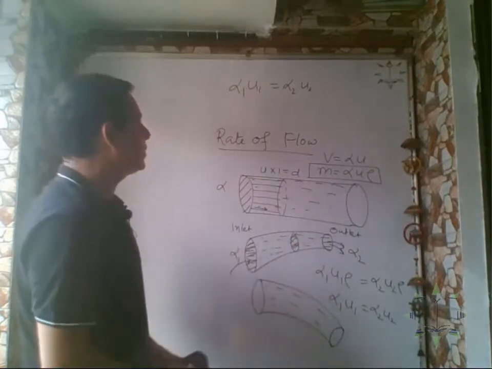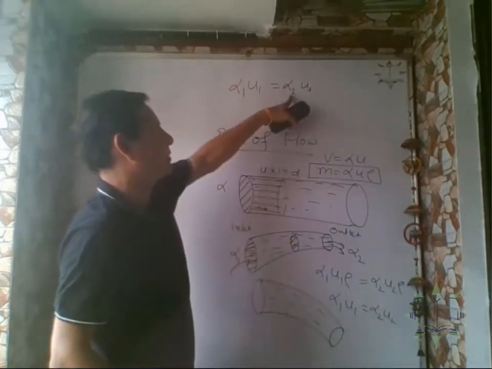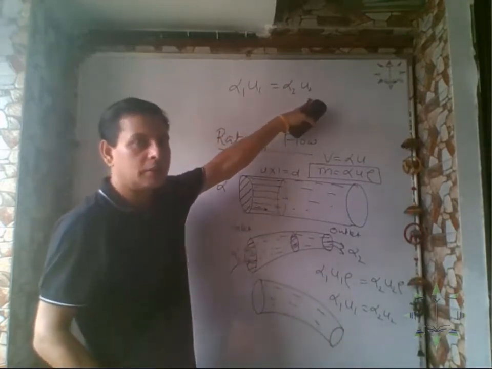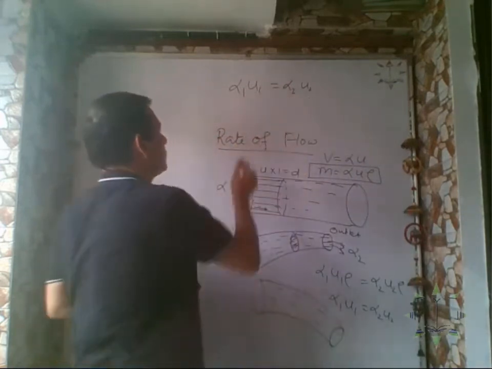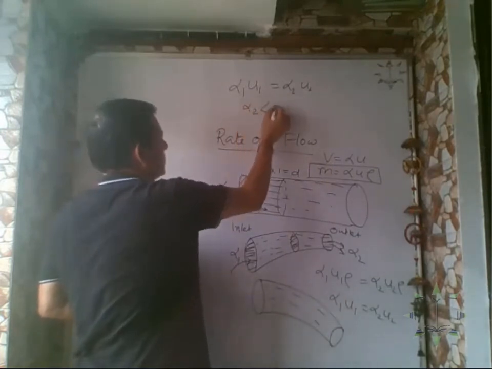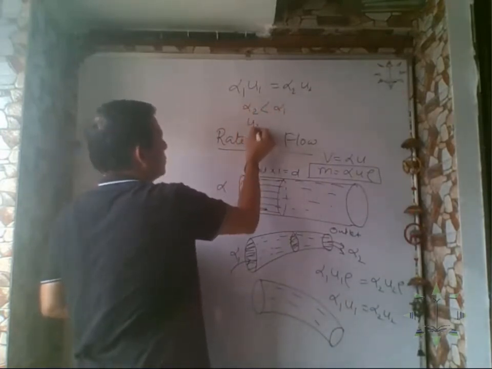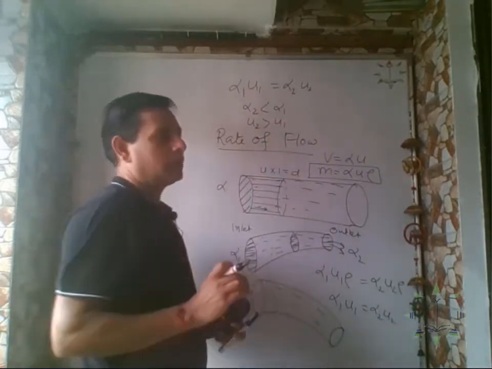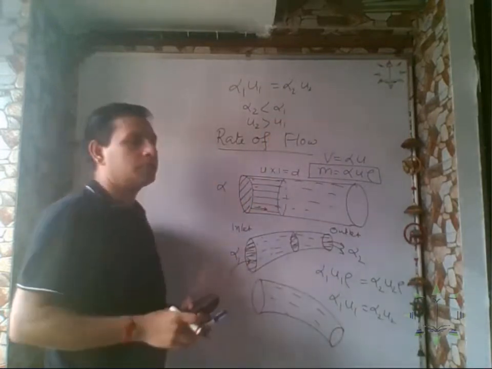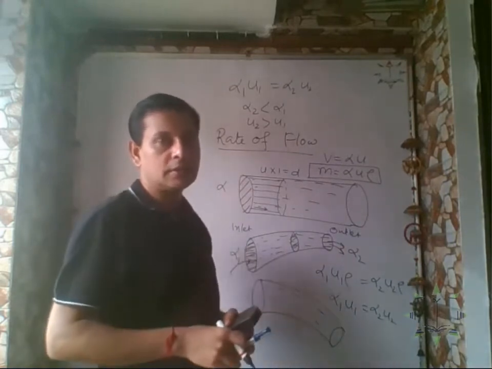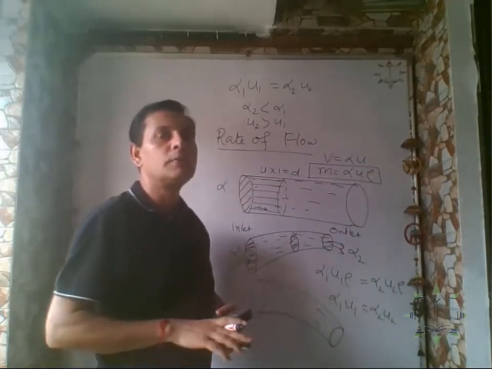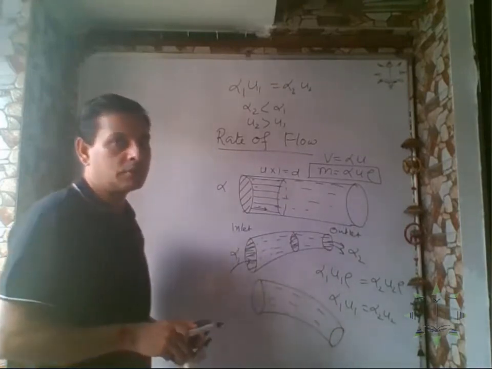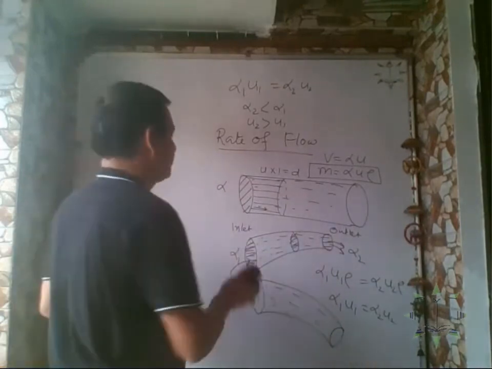So wherever the cross-sectional area is less, if alpha 2 is less, then u2 must be greater. So if alpha 2 is less than alpha 1, then u2 should be greater than u1. So wherever the cross-sectional area of the tube is less, there the liquid will flow with higher velocity. So you understood what is rate of flow.